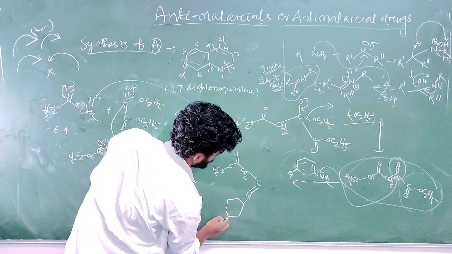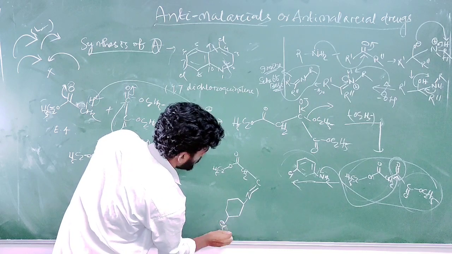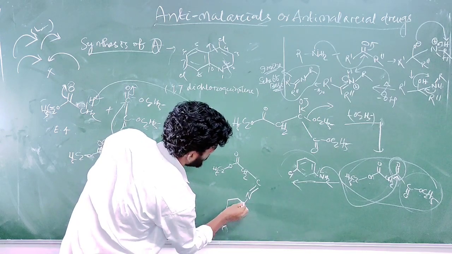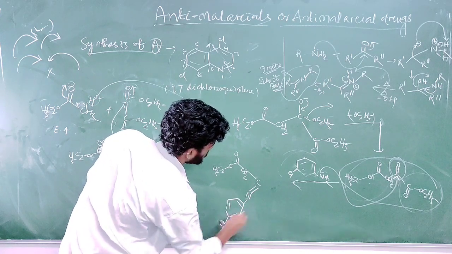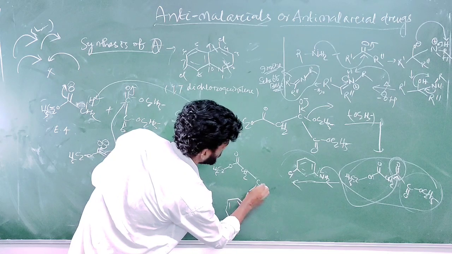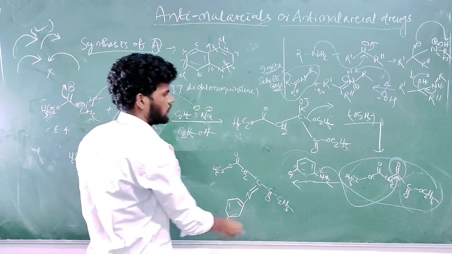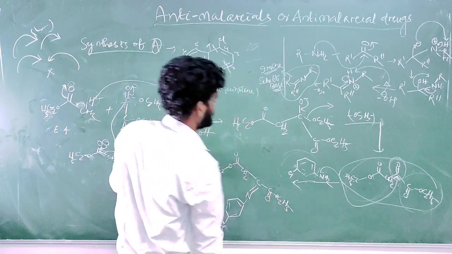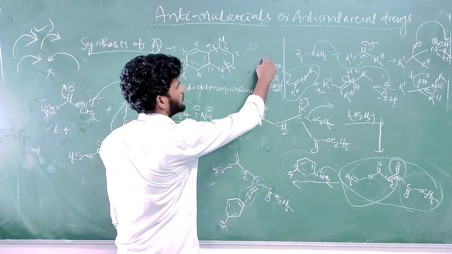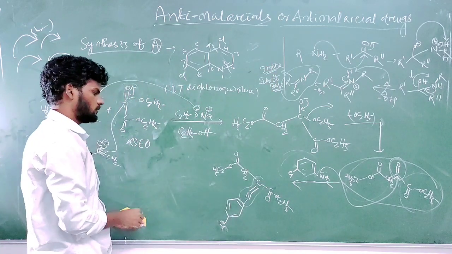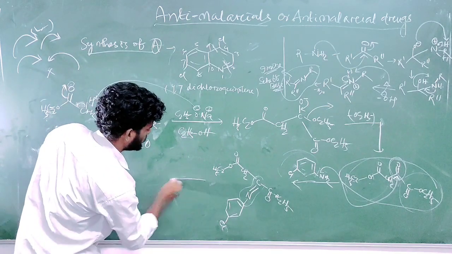So the nitrogen has 1, 2, 3 groups, and the chlorine atom is there. Okay, there is one chlorine atom. Again this carbon atom is attached to OC2H5. So this is imine formation as I said in the mechanism. So this is an imine.